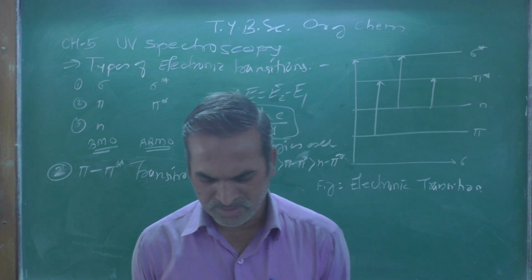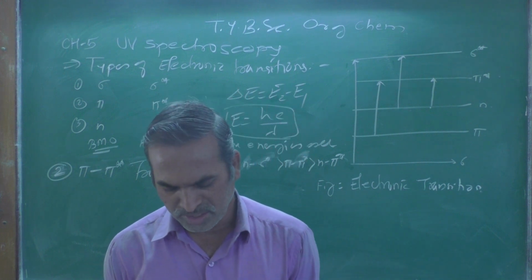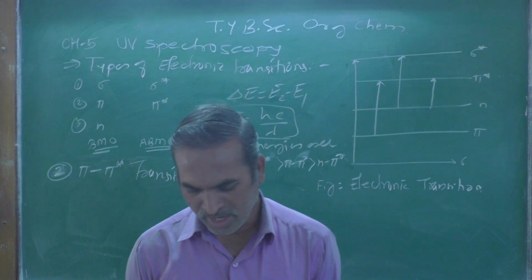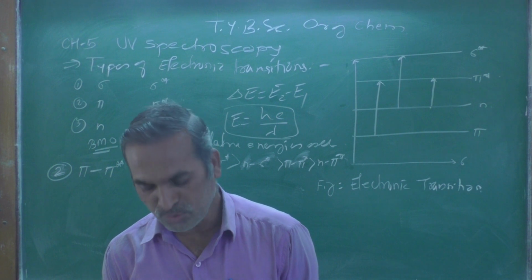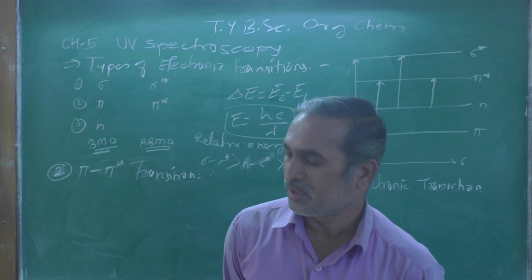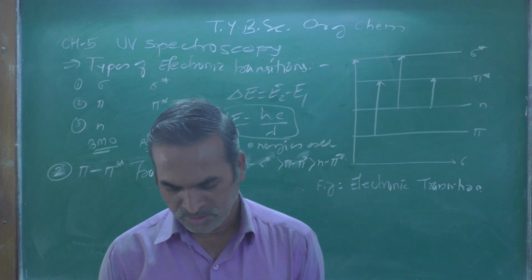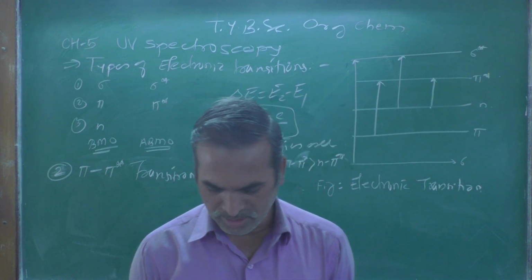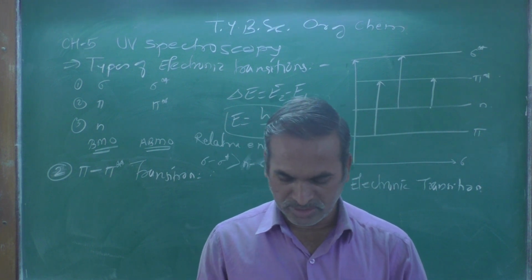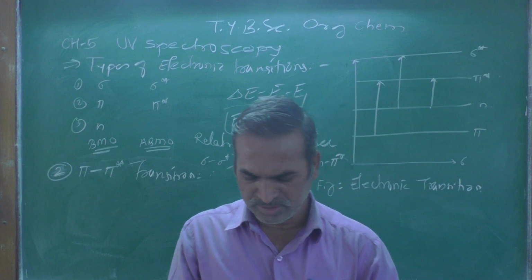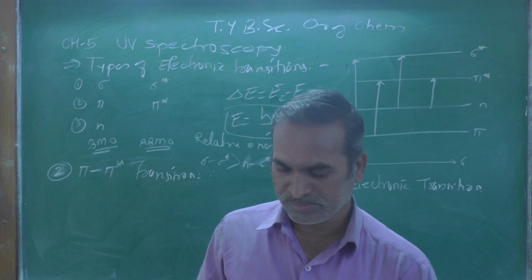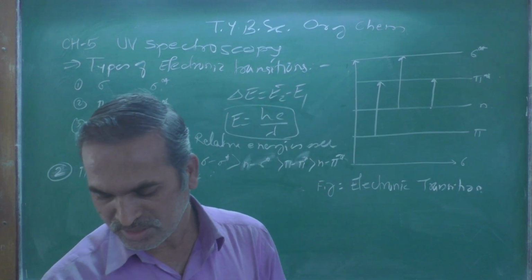Alkenes like ethylene generally absorb in the region 170 to 205 nanometer, which is in the far UV region. However, molecules containing two or more conjugated double bonds absorb above 200 nanometer, in the near UV region, and figure 5.6 illustrates the pi to pi star transition.